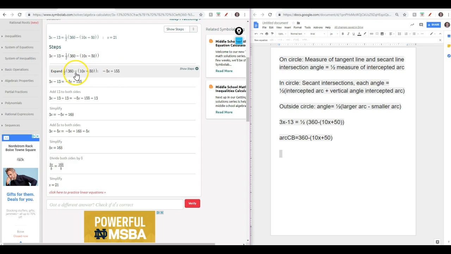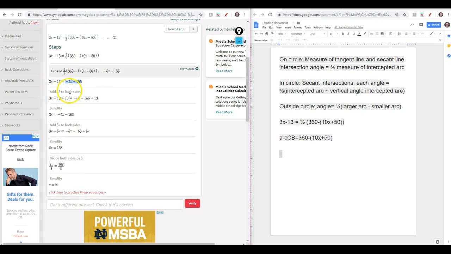So they subtracted the 10x and subtracted the 50. So 360 minus 50 is 310. And then they did 1/2 times negative 10x and 1/2 times the 310, which is how they ended up with negative 5x and plus 155. So that's how they reduced it down to this.